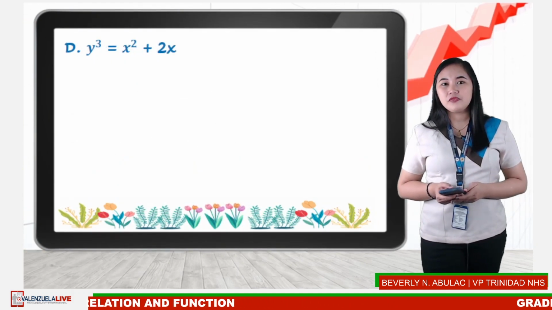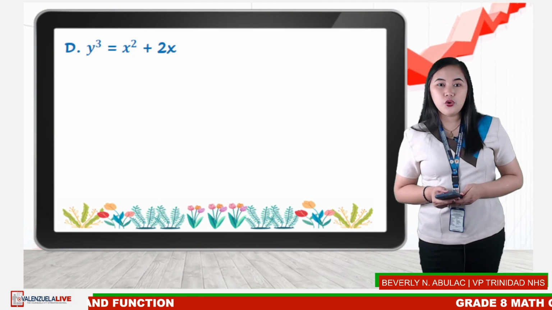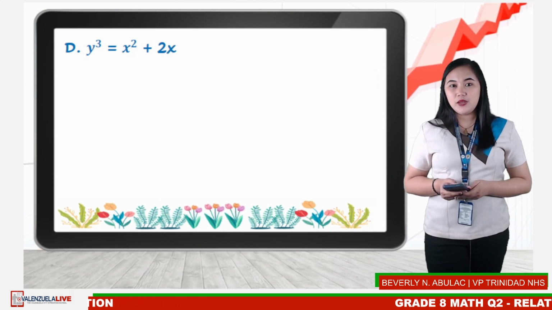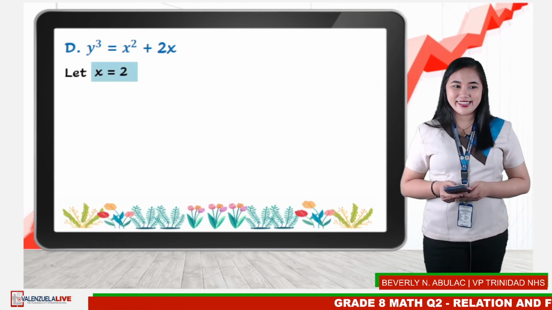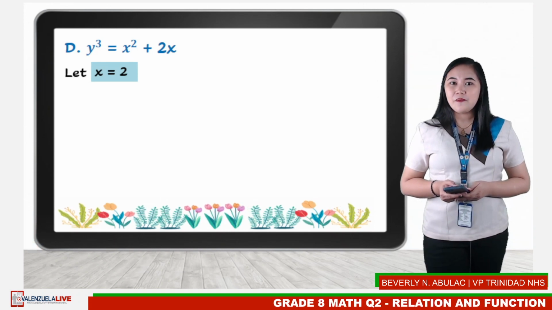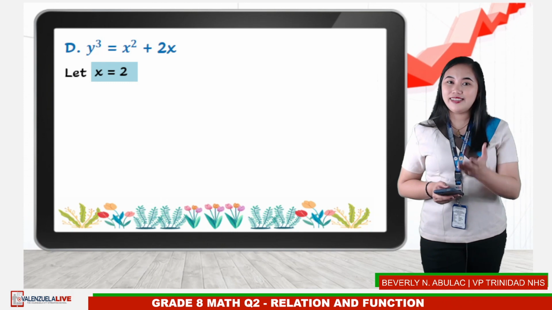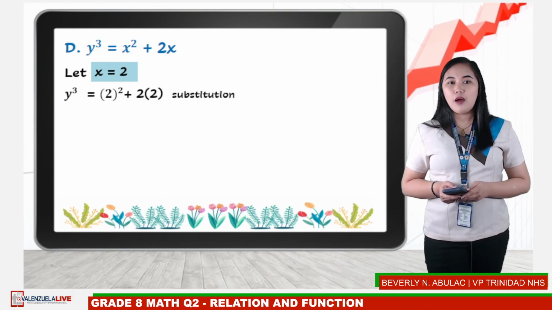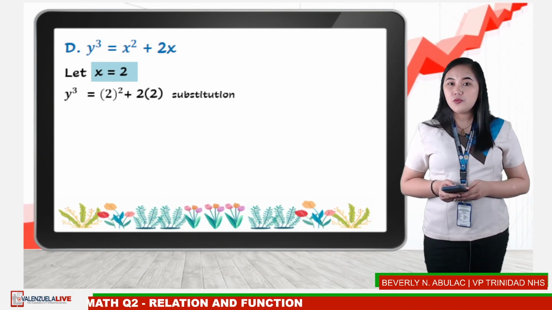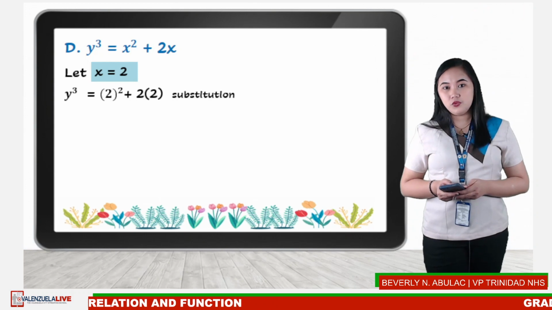Next, we have letter D. y cubed is equals to x squared plus 2x. Let us take x is equals to 2. Then substitute this value of x to the equation. So we have y cubed is equals to 2 squared plus 2 times 2.